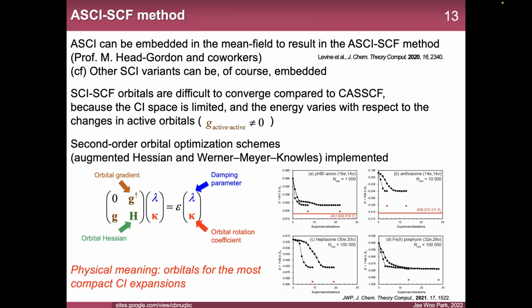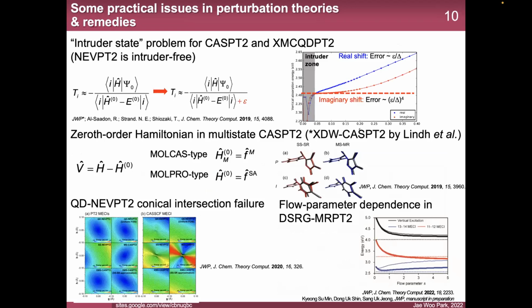Actually, one interesting result on the vibration frequency that I got is that with CASPT2, you have to diagonalize, get the orthogonal basis, and get rid of linear dependency in the basis.